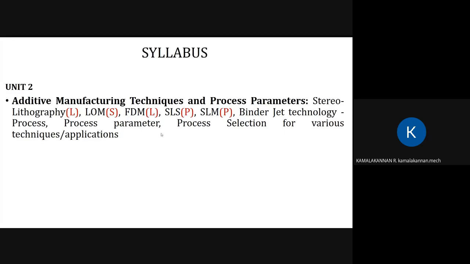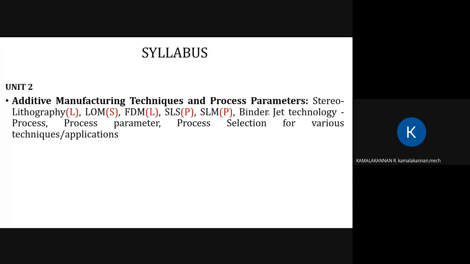Now the last technology is binder jet technology. It is one of the important technologies in mechanical manufacturing industries. Once you know about the working, you know why it is important. With this, we are going to complete our unit 2.